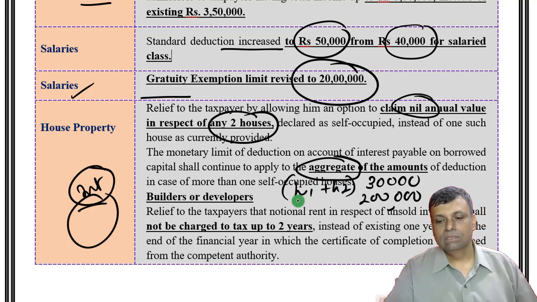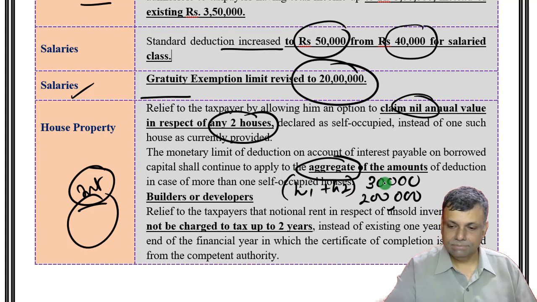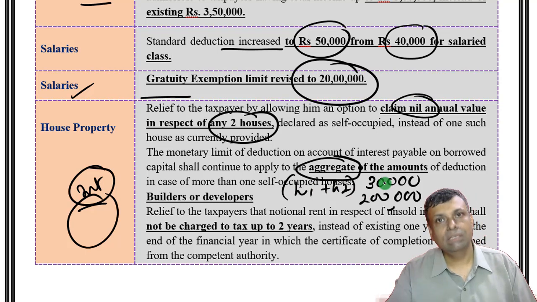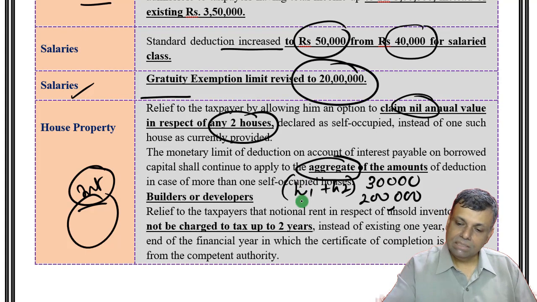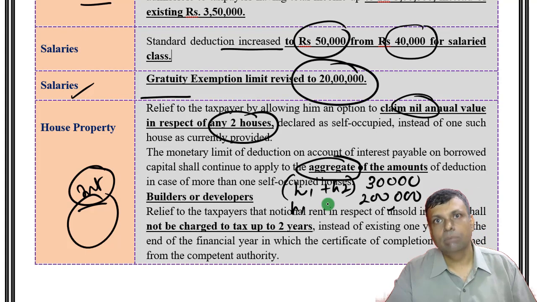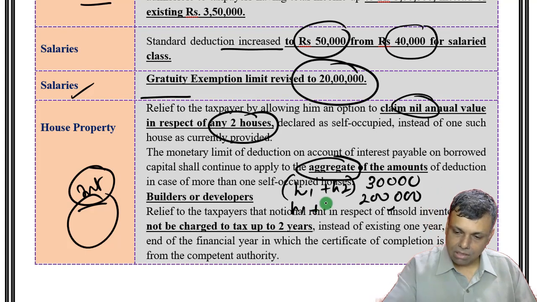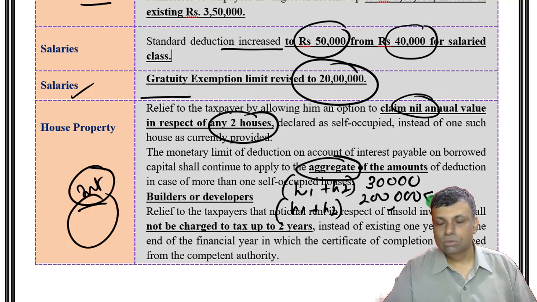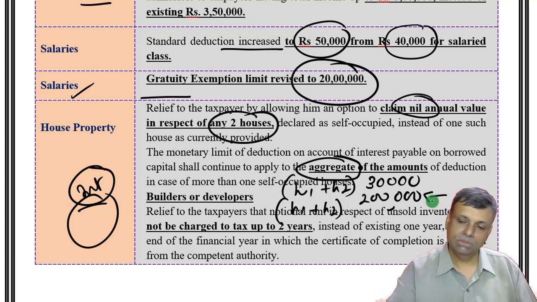The limit will be 30,000 rupees if you are in that 30,000 category. And if you are in the 2 lakhs category, that means the loan was taken as per the specified conditions where the interest limit was 2 lakhs of rupees, then house 1 and house 2 together have a limit of 2 lakhs of rupees. So along with the individual limit, there is an aggregate limit, because now multiple houses, two houses, will be eligible for the purpose of SOP.